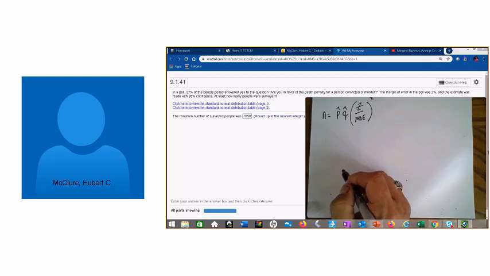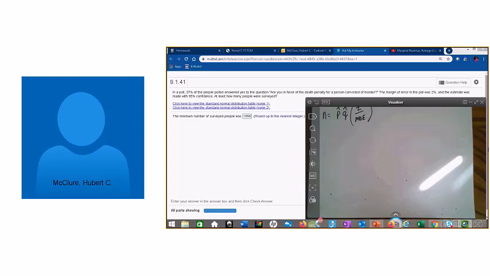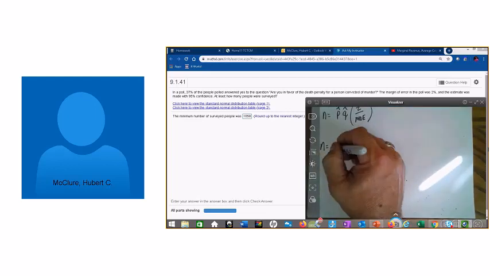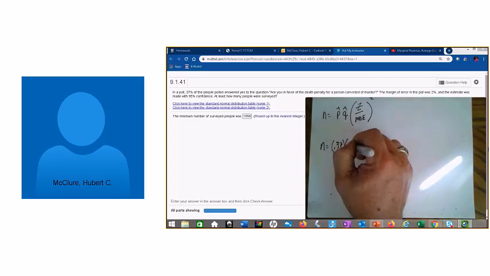All right, 95% confidence level. Remind me, did you say 1.64? What was it? 1.96? I think you said it was 1.96. So N is equal to, p hat is 0.37 times 0.63.